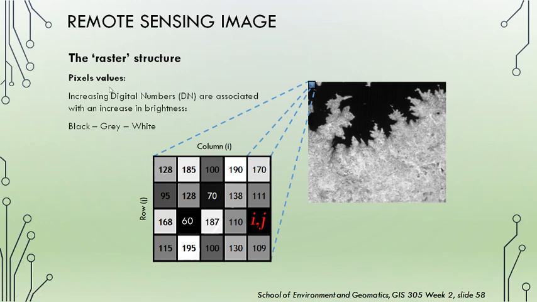In remote sensing, we call these digital numbers. So these values are the digital numbers of each pixel, and they're typically associated with an increase in brightness of the electromagnetic signal that is recorded. So that's a raster structure, sometimes called a grid.